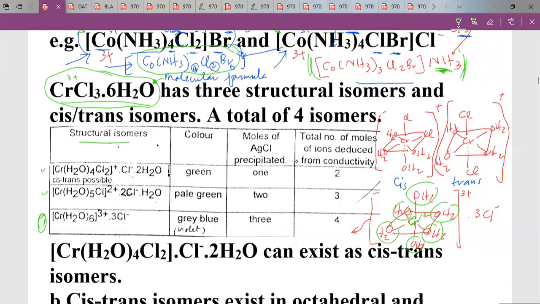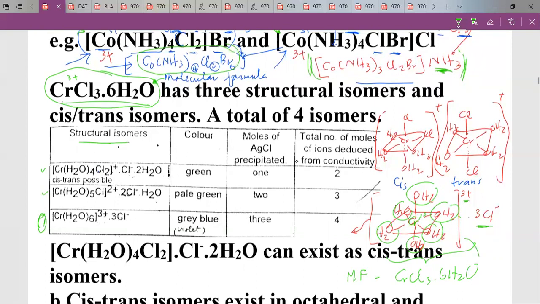So the water is neutral, so the whole thing for this complex is 3 positive charge, and we have the 3 Cl minus attached to it by ionic bonds. Okay, 3 Cl minus here. So this whole thing here still has a formula of what? CrCl3.6H2O. This is the molecular formula.